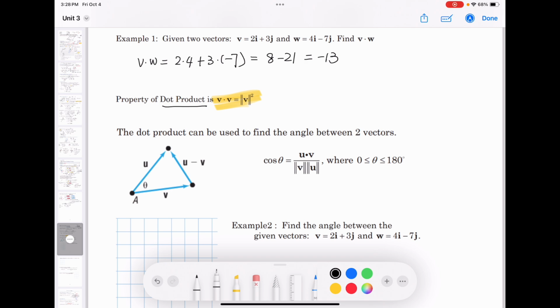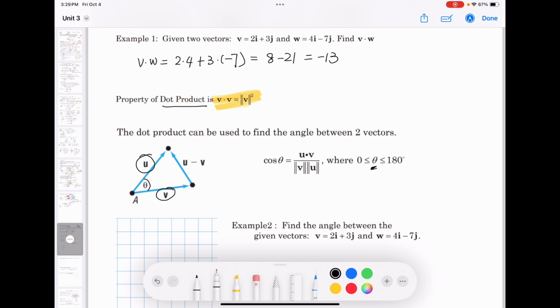So cosine theta, where theta is the angle between the vector u and the vector v, is equal to u dot v divided by the magnitude of v times the magnitude of u, where theta is between 0 and 180 degrees.